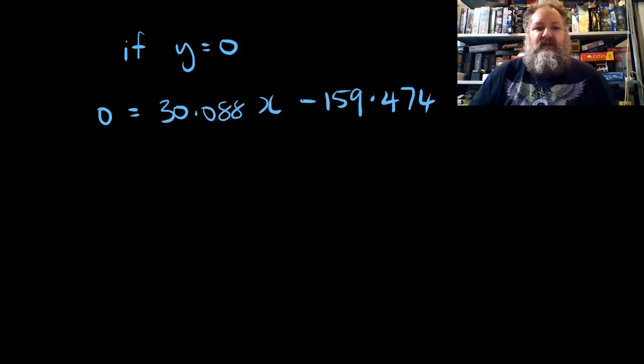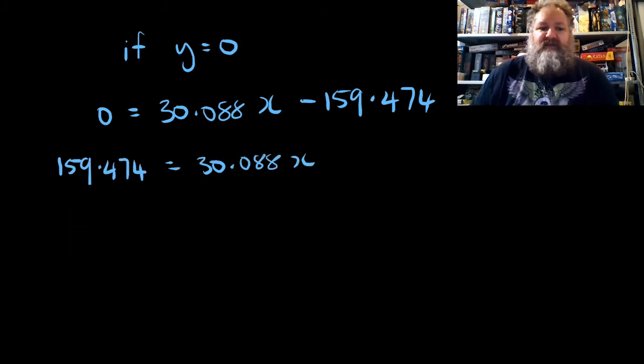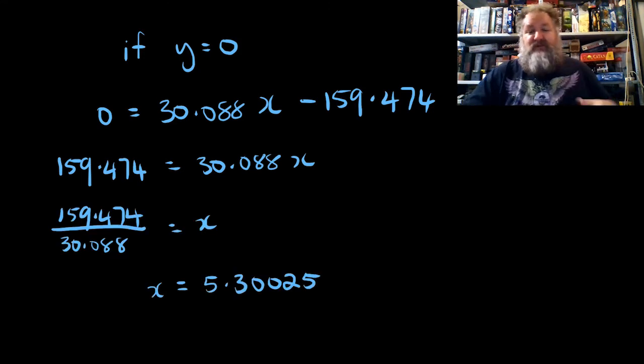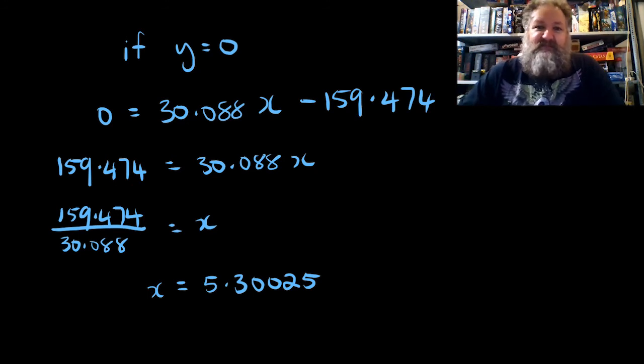So this time when I substitute into the formula, I still have an unknown value for x because I don't know what the temperature is where they break even, where they make $0. I did the maths and found that they break even when the temperature is about 5.3 degrees, which again doesn't really mean anything.